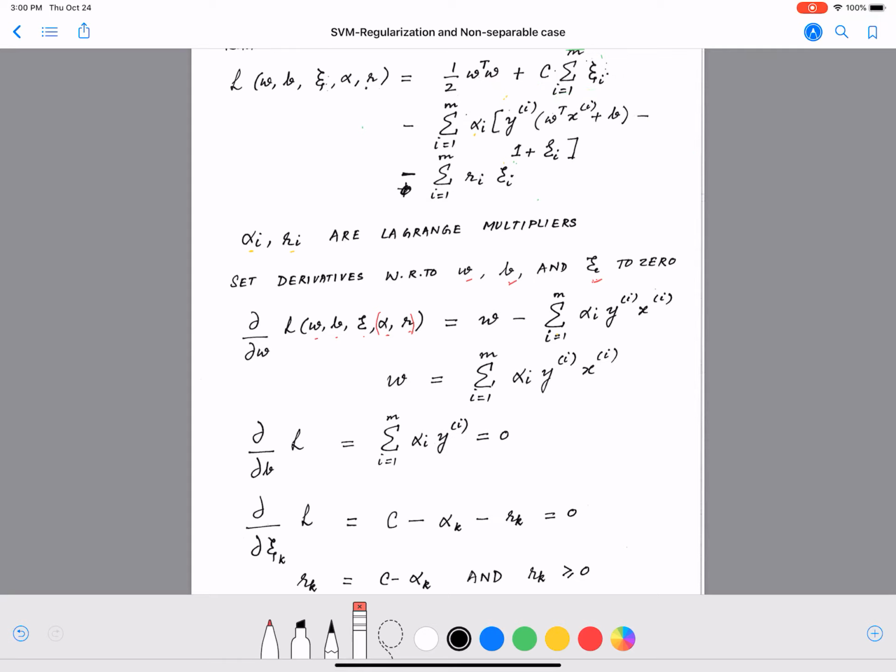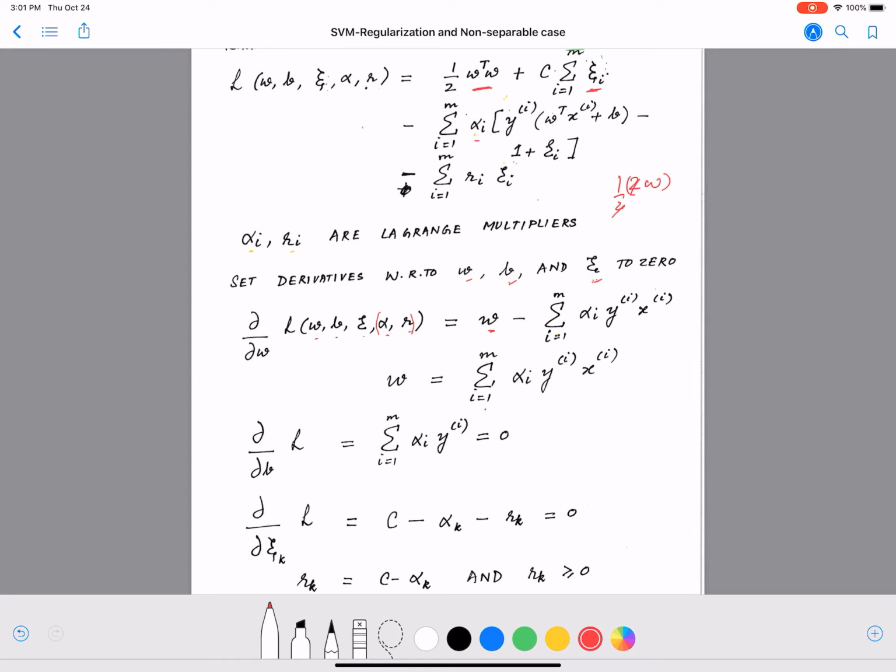All right, so now we differentiate this with respect to W. This first term here, when we differentiate, we just get W, right? It's a square, so it's 2W, and the 2 crosses out and we get W. This term does not have any W, so it's a constant. It goes away in the differentiation.